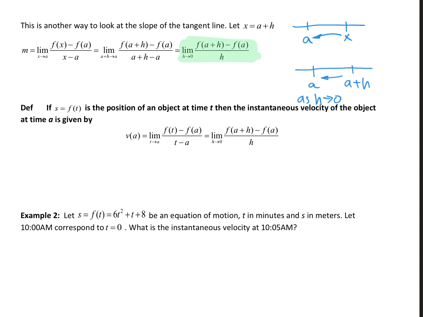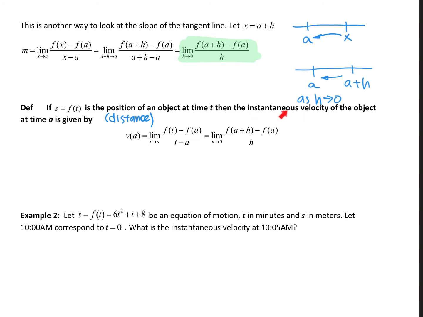This is regarding velocity, time, and distance. If s equals f of t is the position of an object, position is kind of like distance, so let me label it as distance. At time t, there's a distance, there's a time, and there's a velocity.